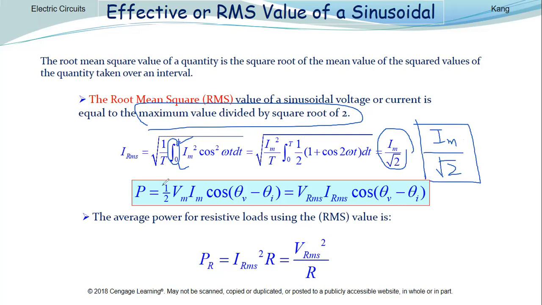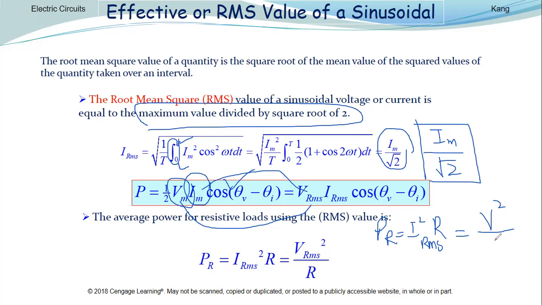For a power system, power equals half Vm Im cos(theta v minus theta I), and here Im is replaced with I RMS and Vm with V RMS. So my power P equals I square R, using the root mean square value, or in the second case it equals V square upon R, where V is my RMS value.